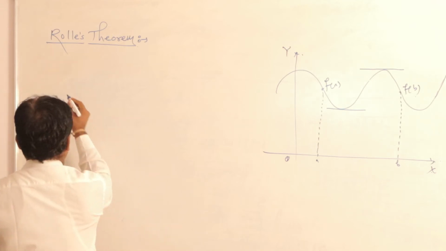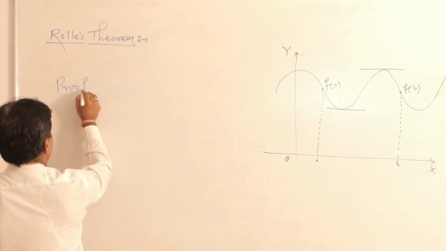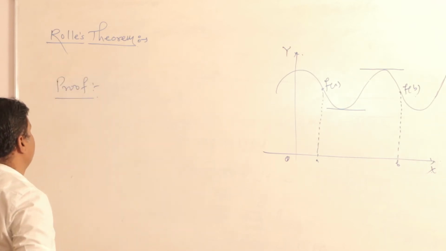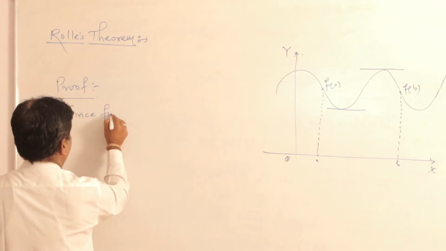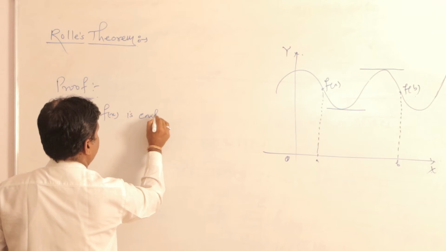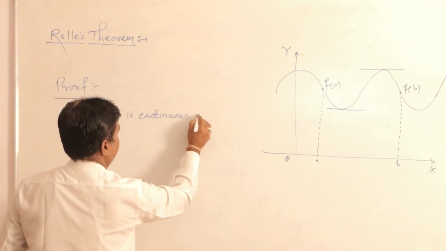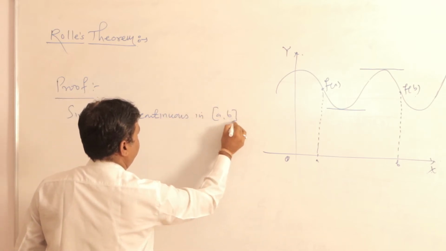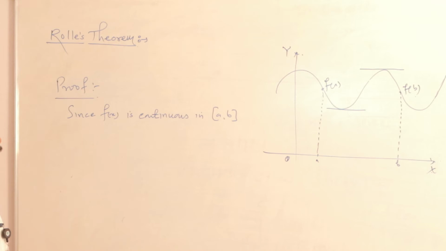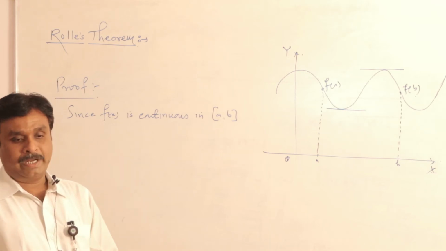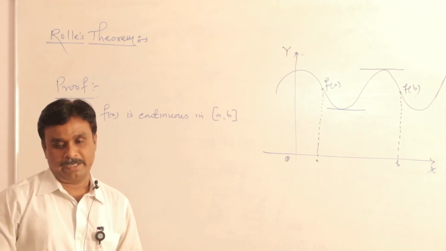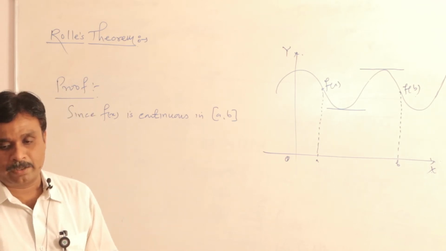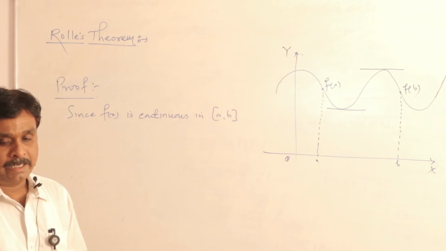So, proof of Rolle's theorem. Since f(x) is continuous in the closed interval [a, b], we know from the theorems on continuity that every continuous function on a closed and bounded interval is bounded, and every continuous function on a closed and bounded interval attains its bounds.